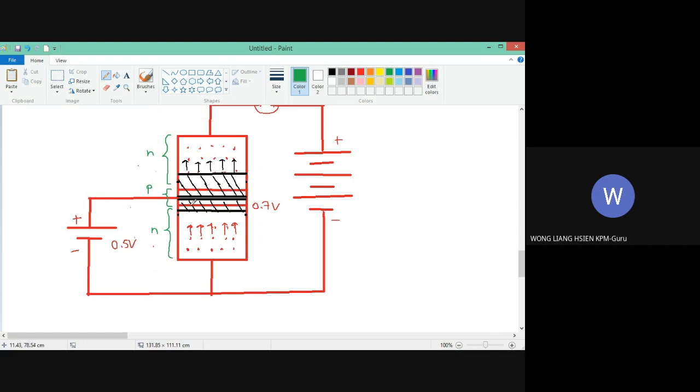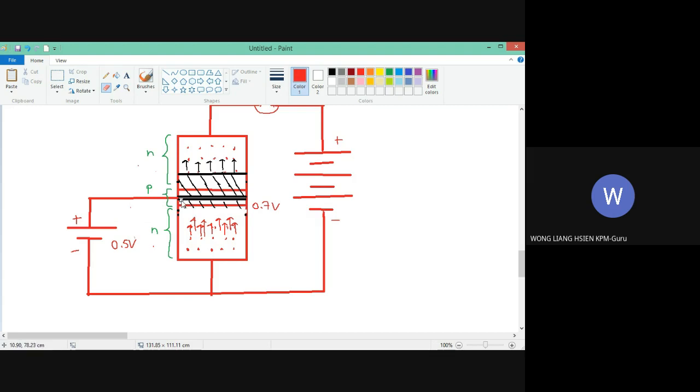Because here is 0.5 volt, here the negative will push the electron. So that means here the diffusion layer becomes thinner. Over here positive will push the hole and attract the electron.